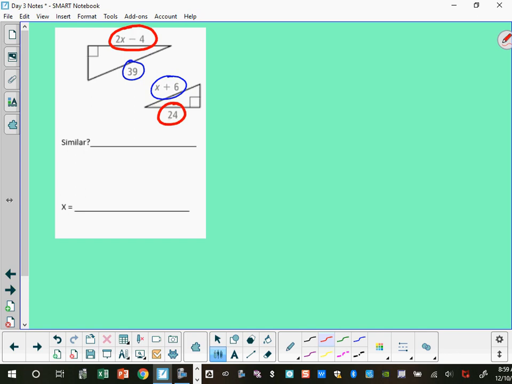I can't check a ratio of x plus 6 over 39. I can't do any work there. So, when it says similar, we're just going to write not similar. Because I don't even know if it could have been. Yeah, it can't be side angle side either.